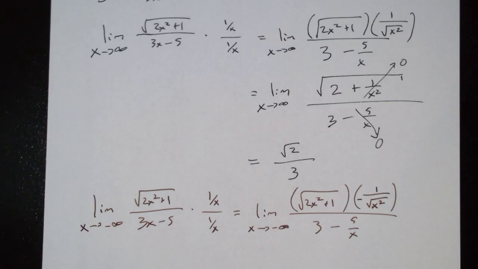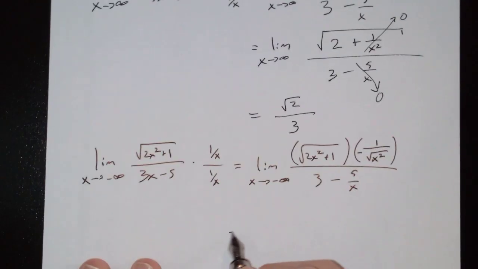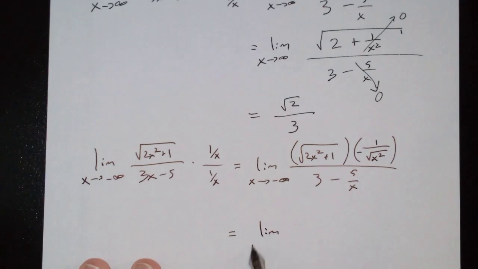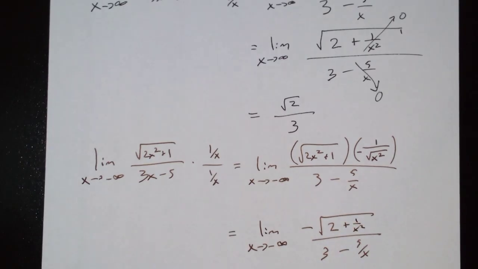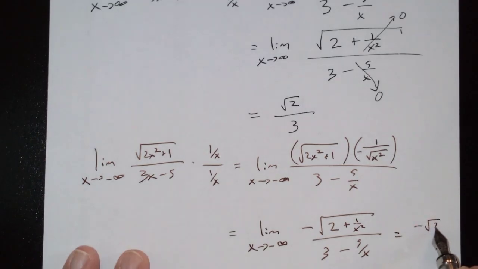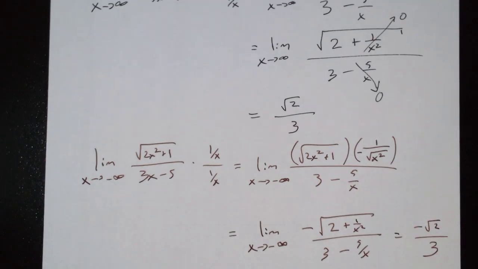Everything else in the problem works the exact same way, but I end up with an extra minus sign in the problem. And that means that when I do this limit, I get negative root 2 over 3.